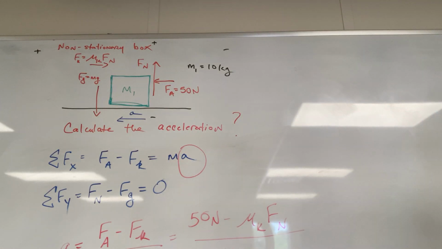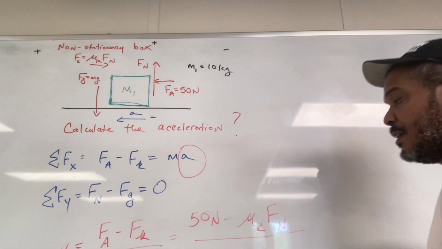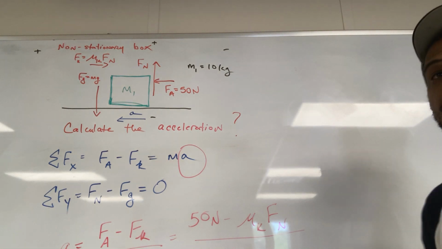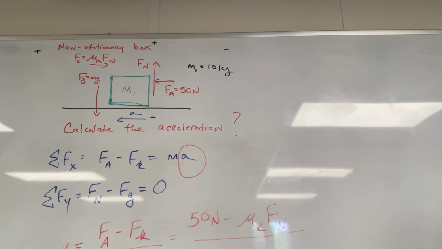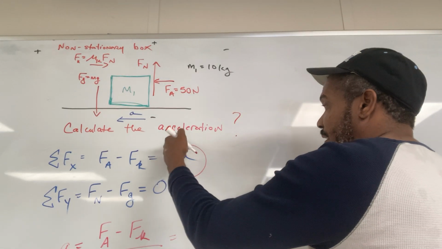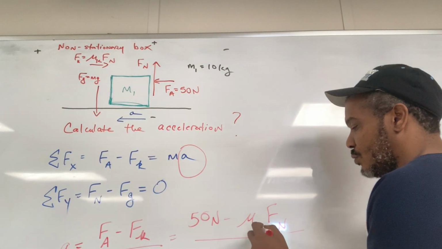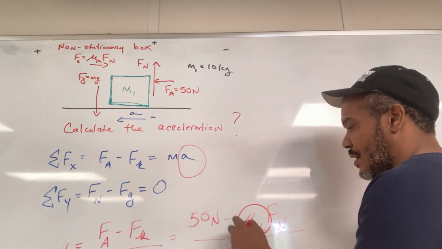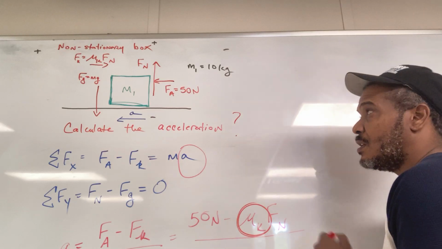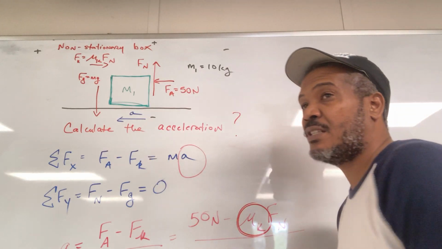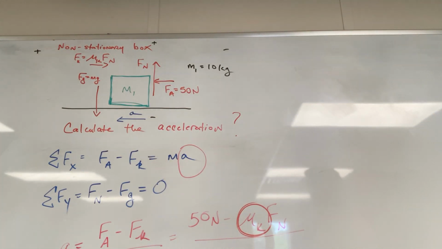So on this one, it is a requirement. In order for you to calculate the acceleration, we must know this value. So that's another difference you can pick up right away.